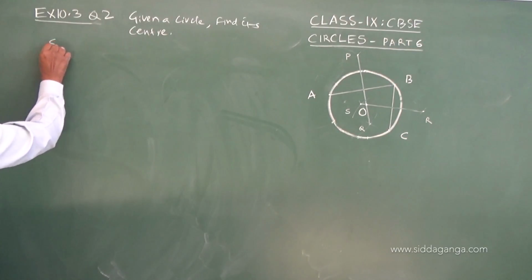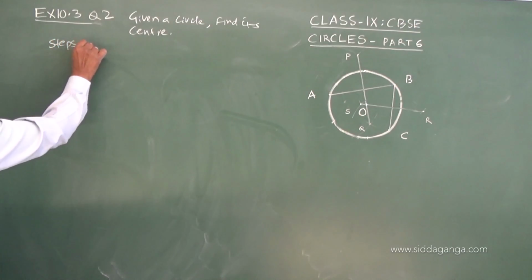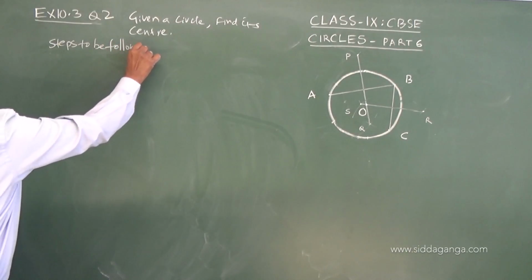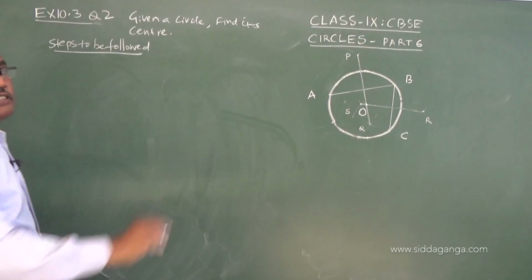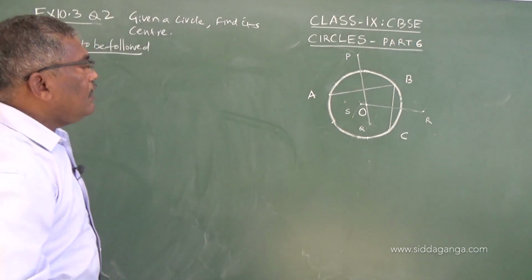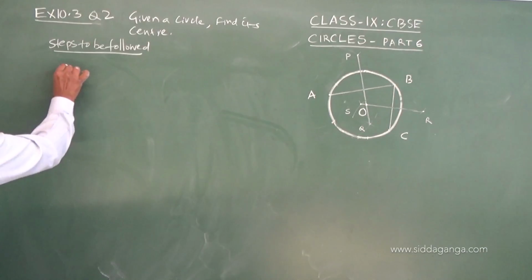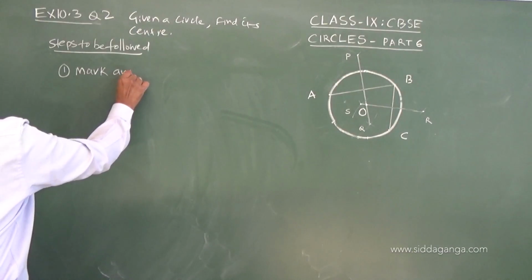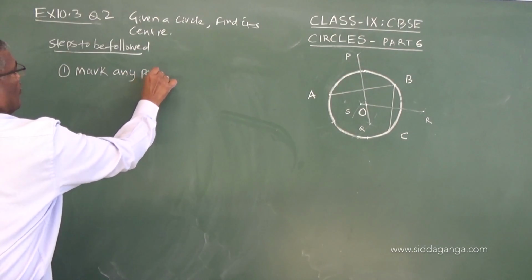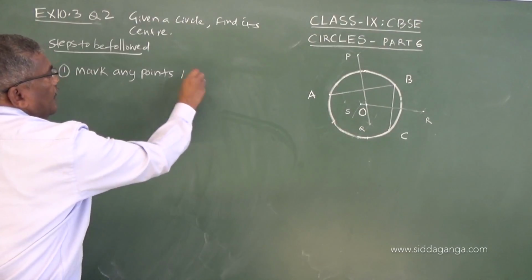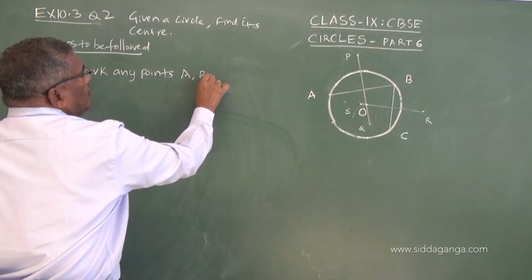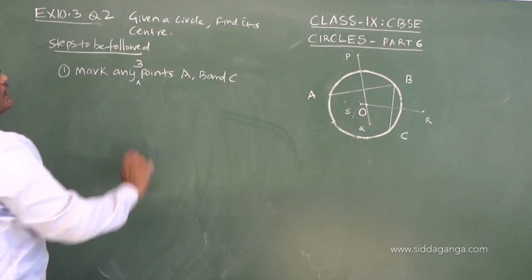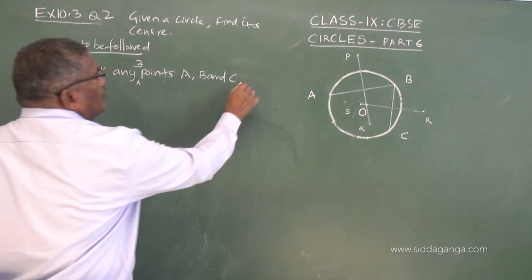The circle is given, readily available. So, the first thing you have to do is mark any 3 points A, B, C on the circle.